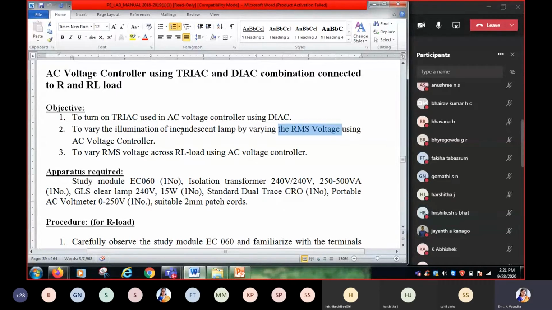Did you get the question? When I increase firing angle alpha towards 180 degree, whether the conduction period of triac will increase or decrease.